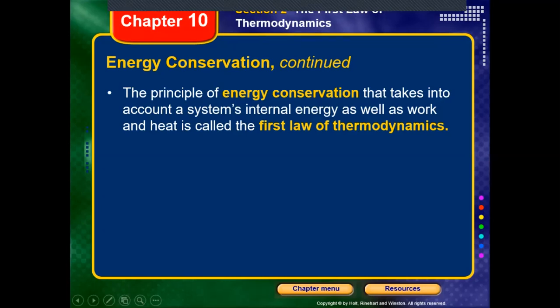So energy conservation, which talks about heat, work, and internal energy, is called the first law of thermodynamics. We will talk about the transfer of energy between objects due to work or heat as the first law of thermodynamics.